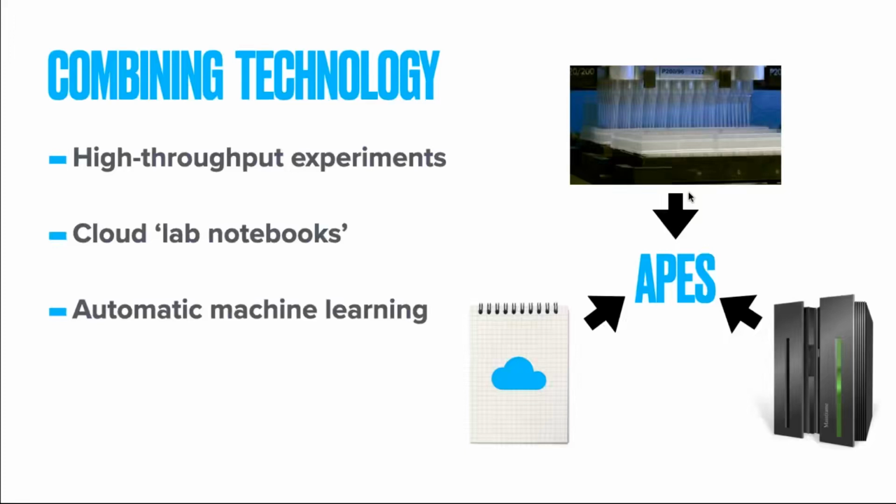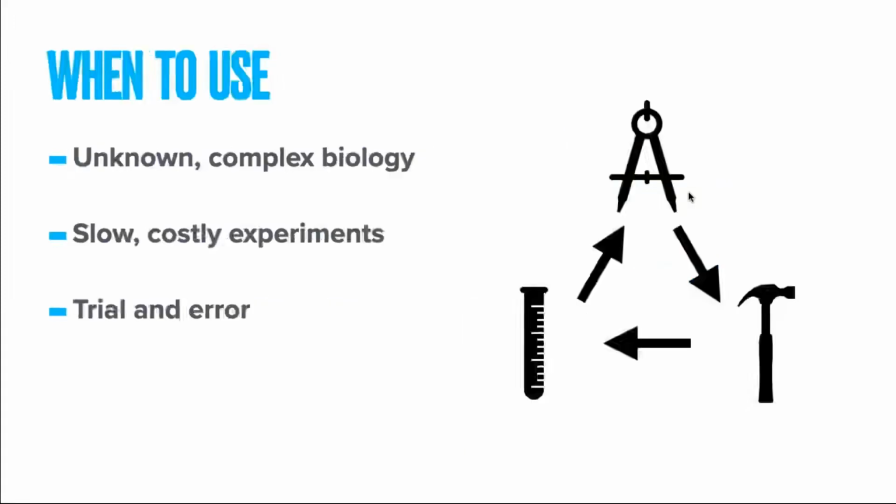Now, let's talk a little bit more about when to use this, all right? It's not a silver bullet, and there are simpler ways of getting the job done. Bristol Myers Squibb has done some very good deep learning work in chemistry, and the key thing is that the system has to be unknown and complex, okay, for APES to really be worth your while to adopt.